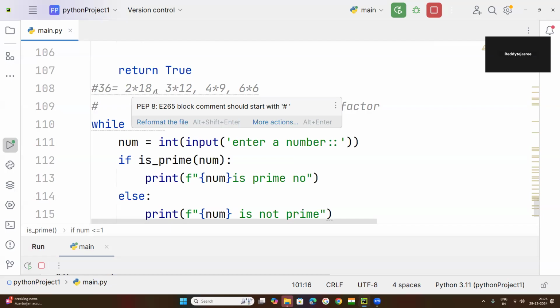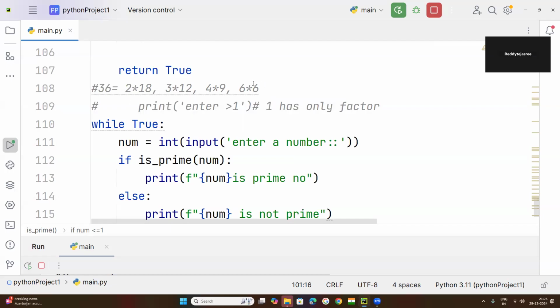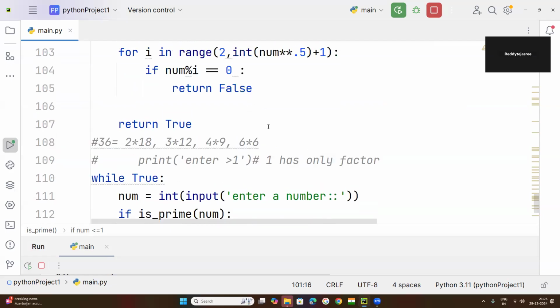So that can't be prime. So no need to check beyond 6. Up to the square root, it will check. So no need to check other factors also. No need to check other factors which are greater than the square root of any number.